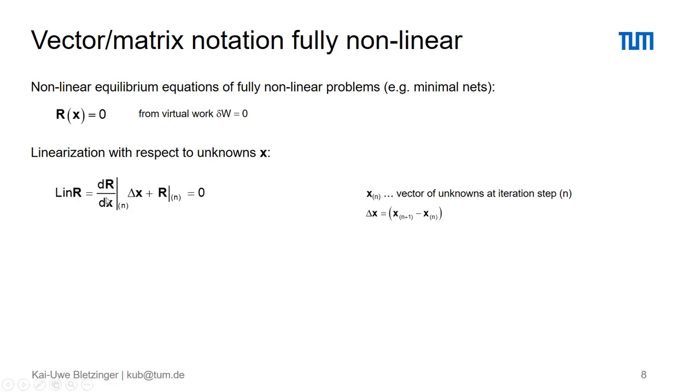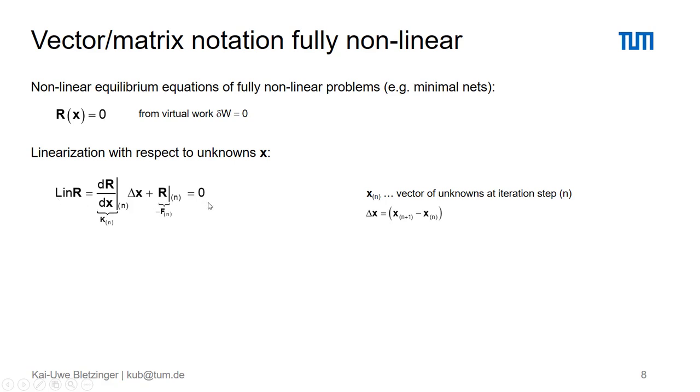By linearization, we have to linearize the residual force vector, which gives the nonlinear stiffness matrix, multiplied by the modification of the free variables in iteration step n, plus the residual force vector in iteration step n, summing up to 0, just representing the original nonlinear equation.